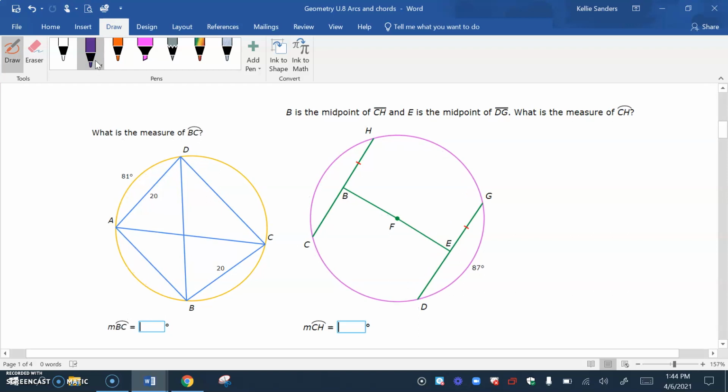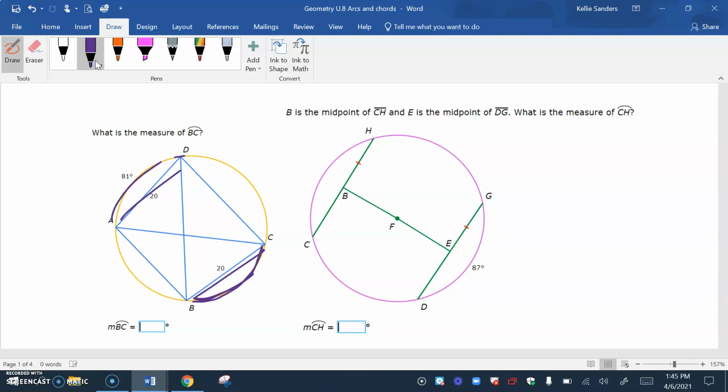What is the measure of arc BC? So what's the angle measure of it? And so since this is 20 and this is 20 and this is 81, then that is 81. B is the midpoint of CH. So B is right here, and here is CH, and it's saying B is in the middle of CH. And we have this tick mark.